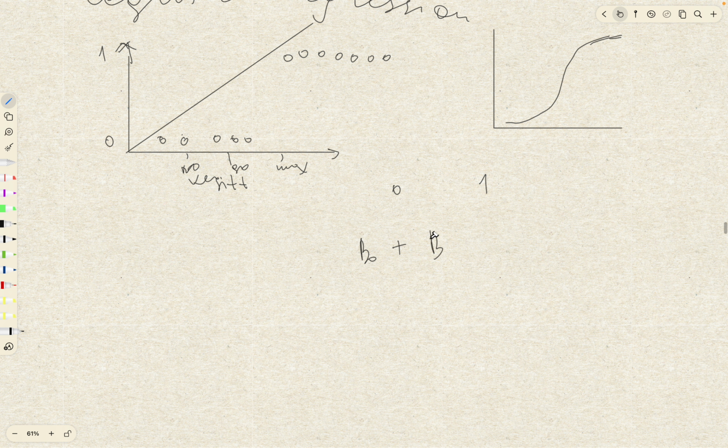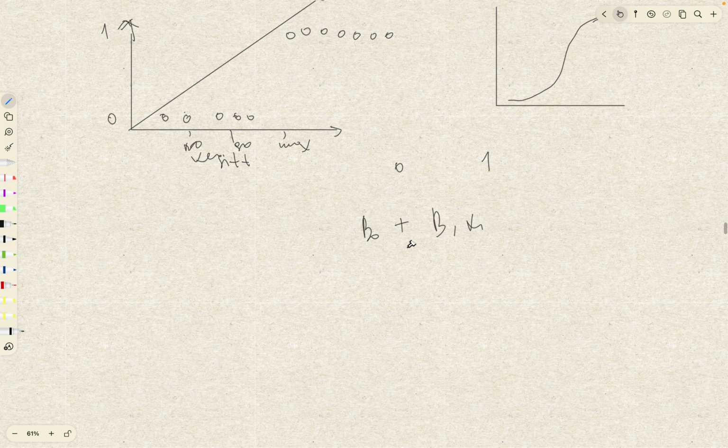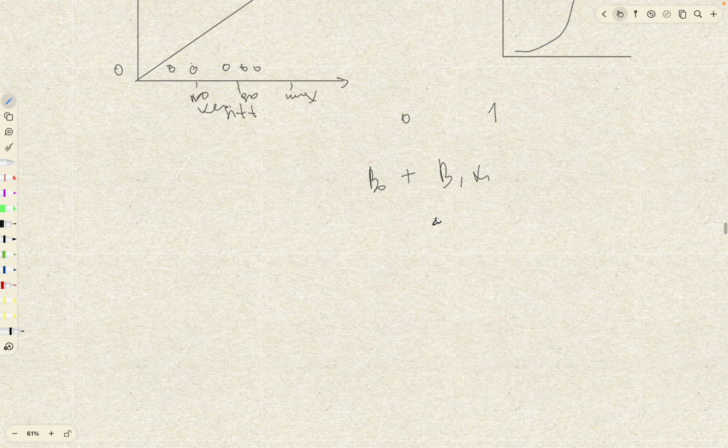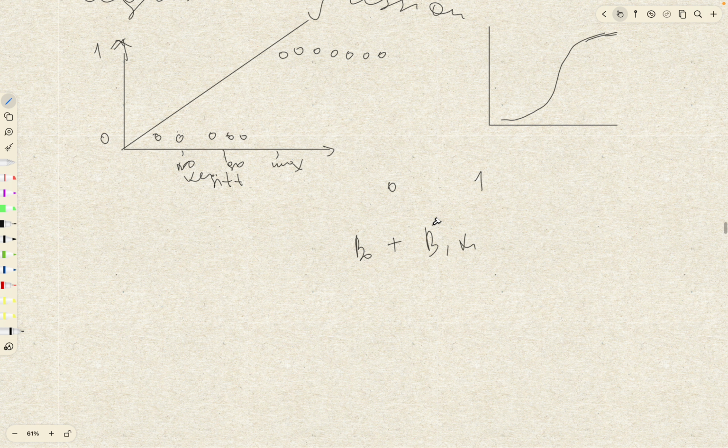Let's say we are just using linear regression, and b0 and b1 are the coefficients, and x1 is our weight. When we try to use this, it will give us any value, because the domain of a linear regression is from minus infinity to plus infinity. But this is one of the reasons why we can't use it, because we need something that will give us a value between 0 and 1.